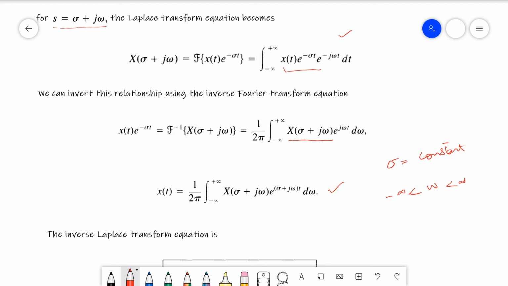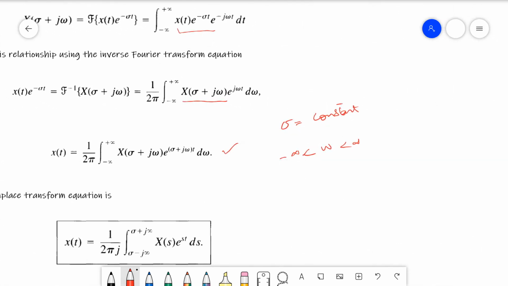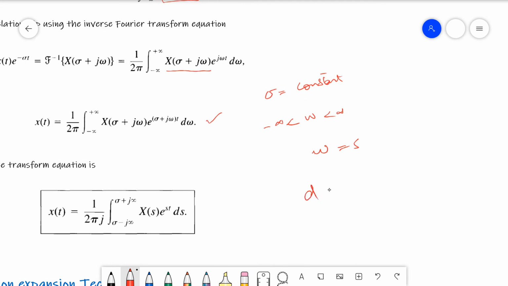So we can replace this information into this expression. Let's suppose we change the variables from omega to s, and similarly let's suppose we have ds, which is equal to d of sigma plus j omega.